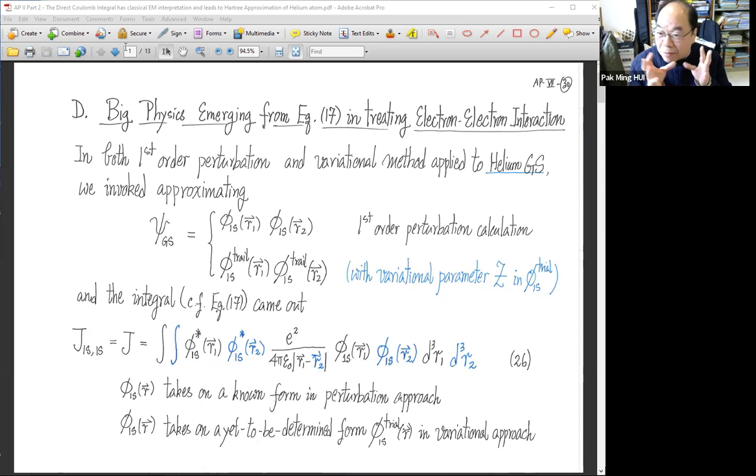Namely, if we understand the meaning of this integral, it will help us establish a powerful calculation method that can work for all the atoms, all the molecules, and all the solids. In fact, that plays an important role in our understanding of atoms, molecules, and solids. So let's move on. This is the plan for today.